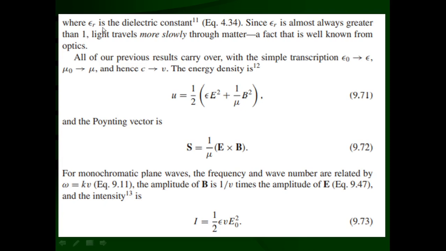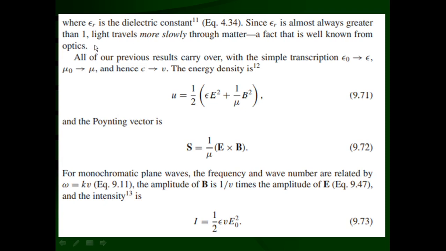Here epsilon r is the dielectric constant. n is equal to under root epsilon r, which is nothing but the relative dielectric constant, or dielectric constant, we can say. Since epsilon r is almost always greater than 1, because you know that the dielectric constant is always greater than 1, light travels more slowly through matter, a fact that is well known from optics.